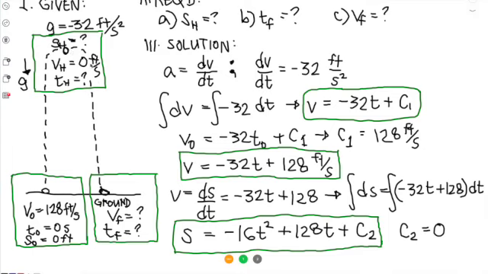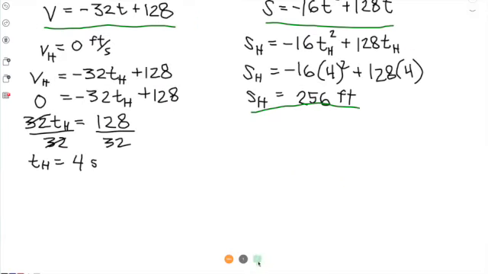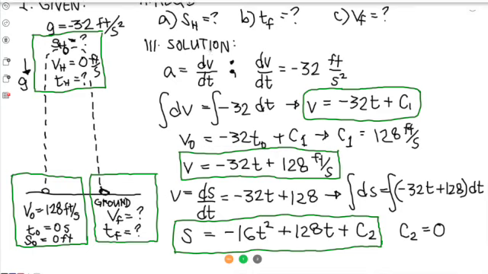I hope you are following and appreciating the analogy and the application of our DE. So we have the height at 4 seconds, and the highest point would be 256 feet. Now we have an answer for A: S of H, the highest point, would be 256 feet.